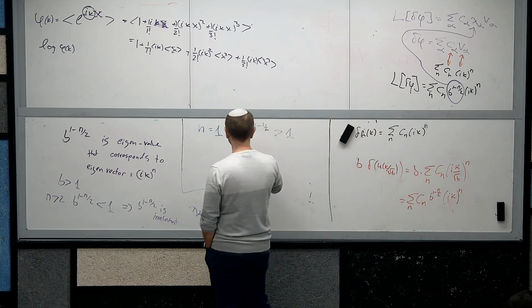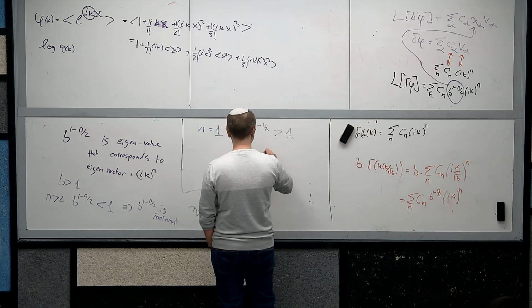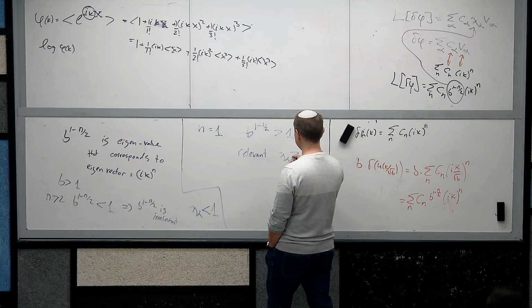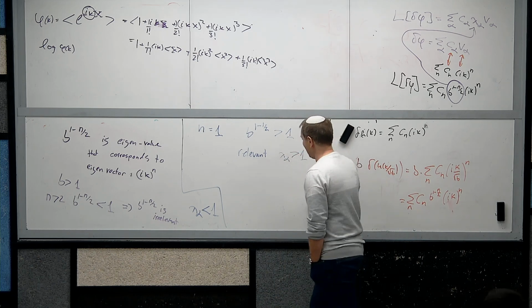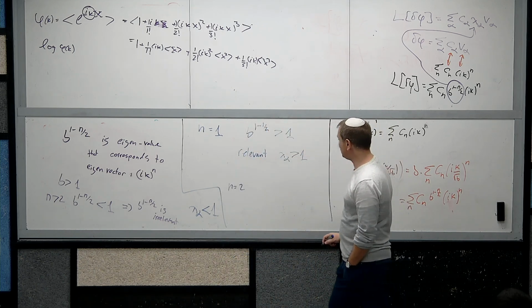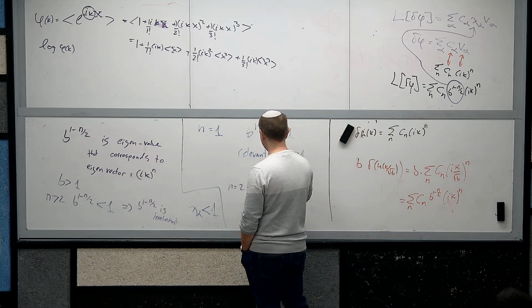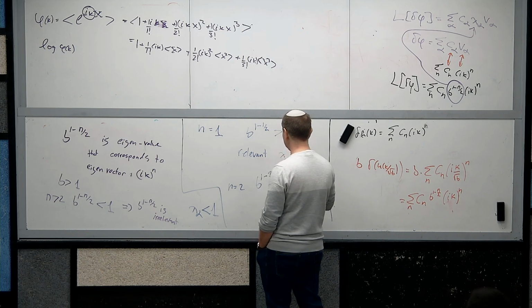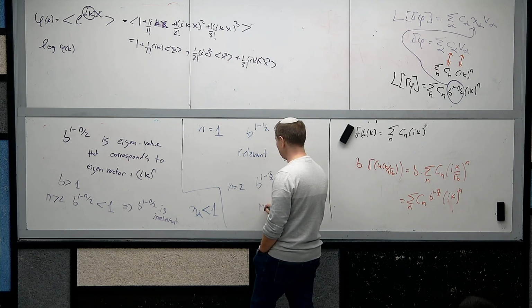This is the relevant case, lambda alpha greater than 1. What happens when n equals 2? When n equals 2, b to the power (1 minus 2) divided by 2 equals 1. This is the marginal case.